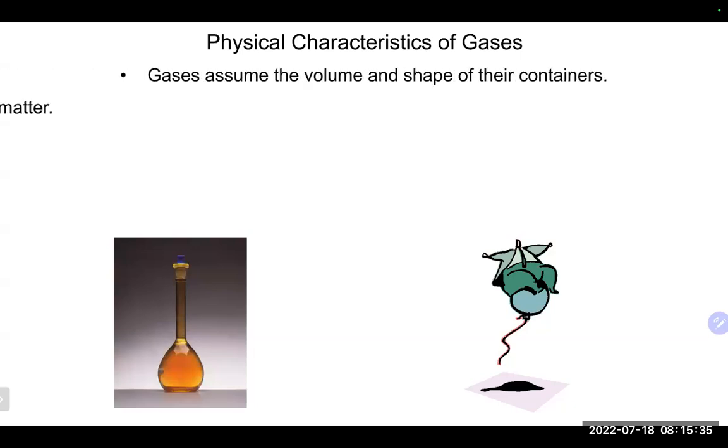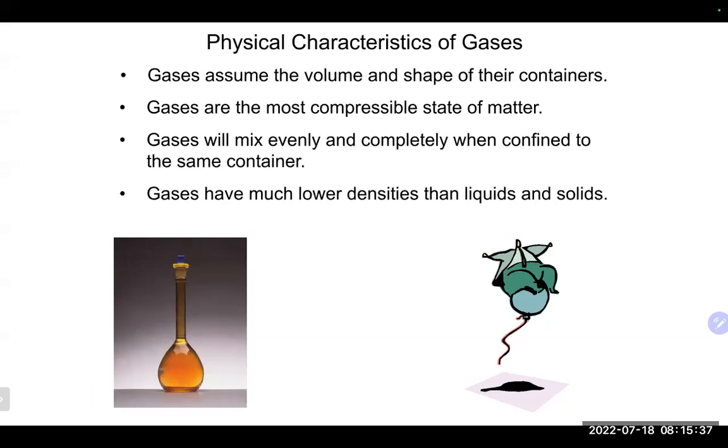Let's talk a little bit about some characteristics of gases. Gases assume basically the volume and shape of the container they're in, and they fill it uniformly. As we can see here, there is a gas vapor. When it's in a container, it's filling it uniformly, and that's because we assume that it is moving around, constantly bouncing around.